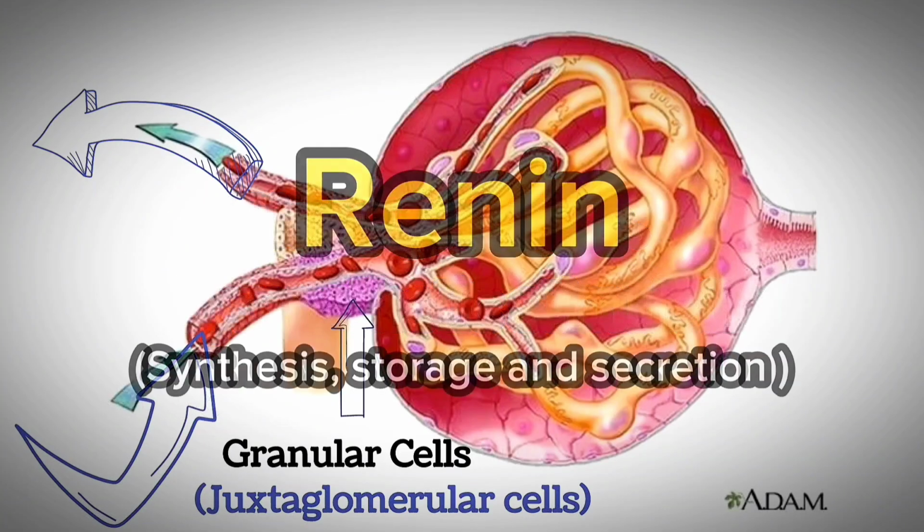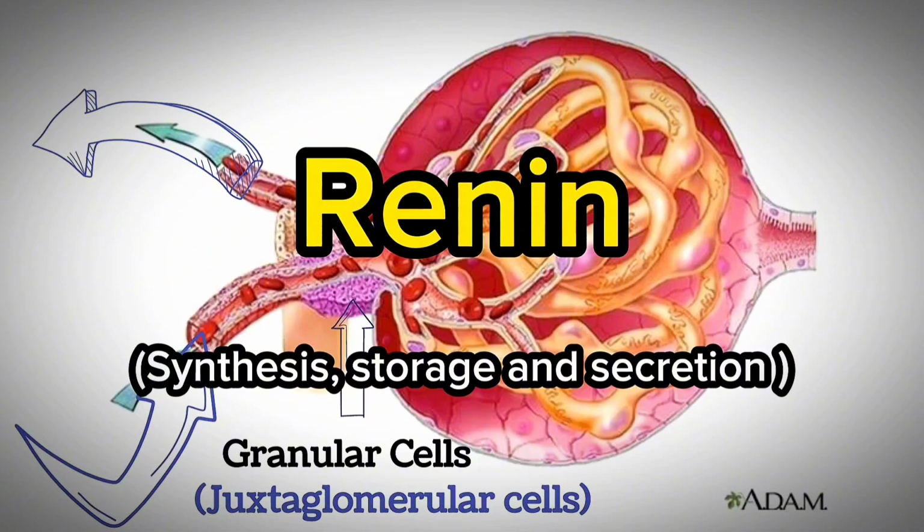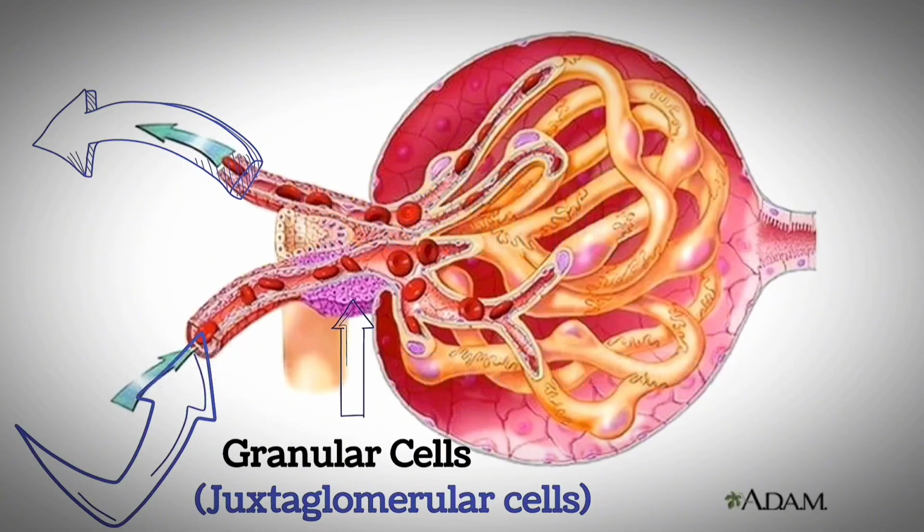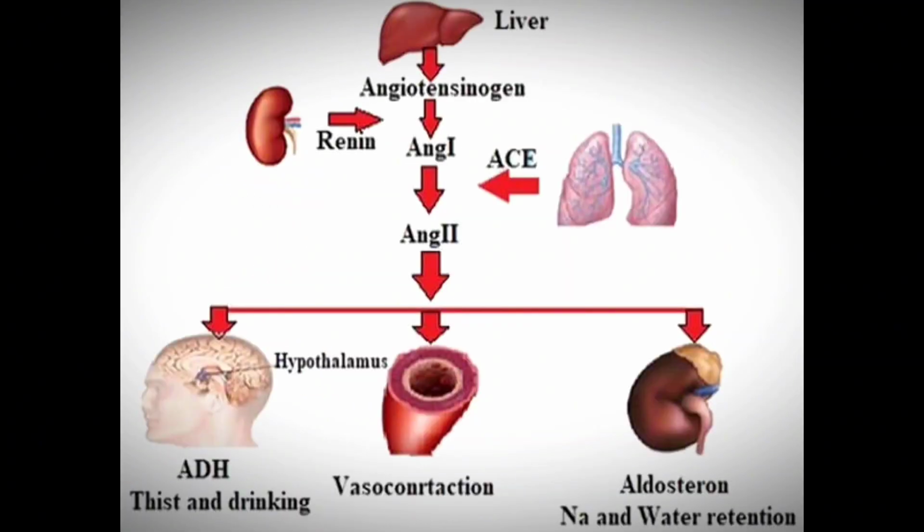So in response to low blood pressure or sympathetic stimulation, granular cells synthesize, store and secrete an enzyme called renin. Renin works by converting a protein synthesized in the liver, called angiotensinogen, into angiotensin 1.